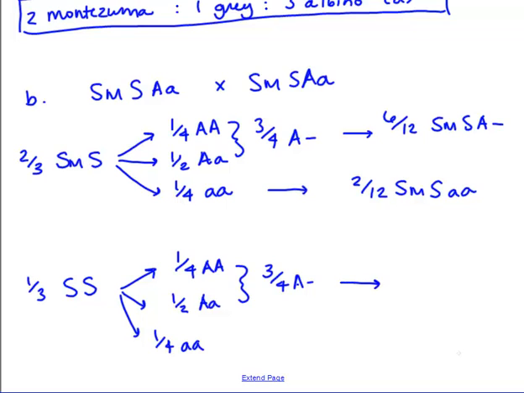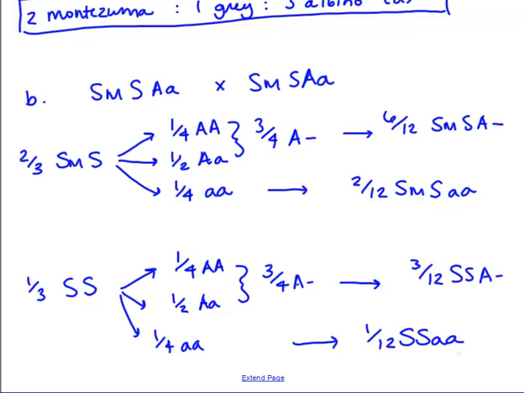For here you have 1/3 times 3/4, which is 3/12 SS, big A, and then 1/12 SS, little a, little a. So these are the genotypes, so let's look at the phenotypes again.